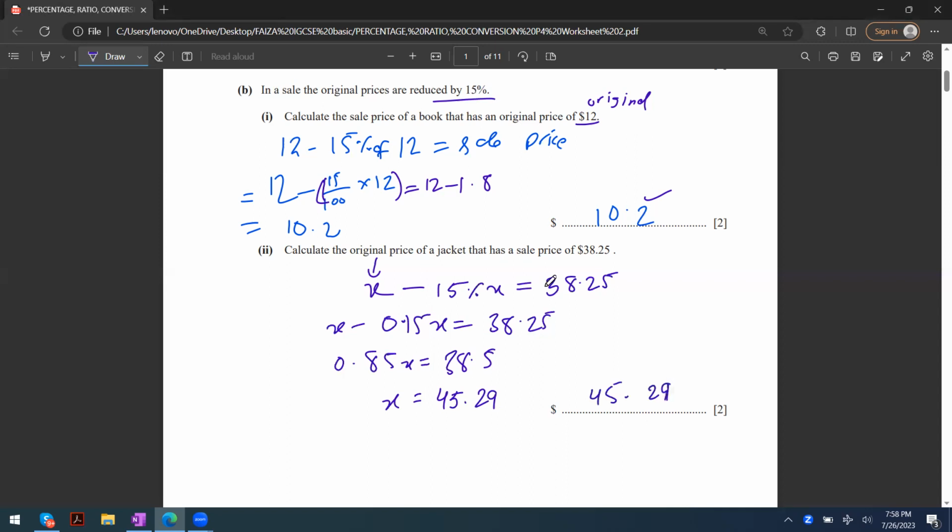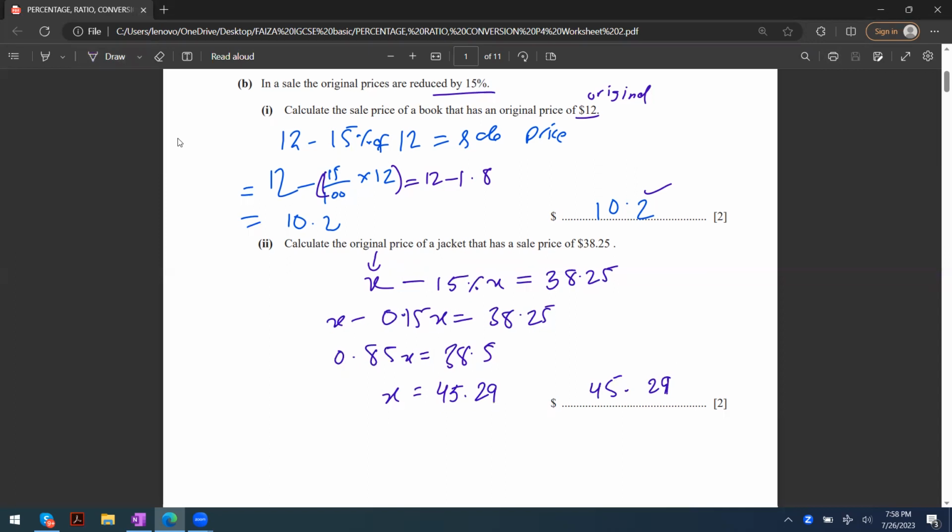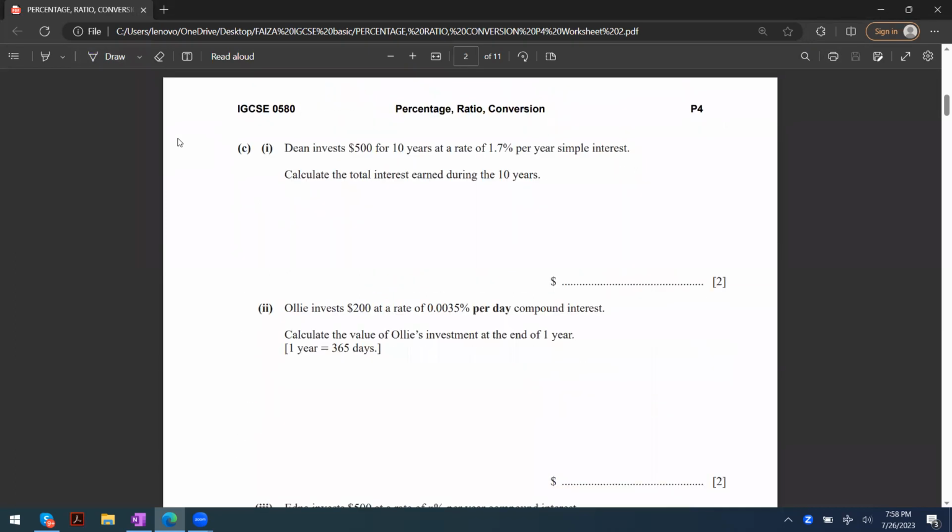45 was the original price. Okay, let's move on. Tim invests 500 for 10 years at a rate of 1.7% simple interest. Calculate the total interest.